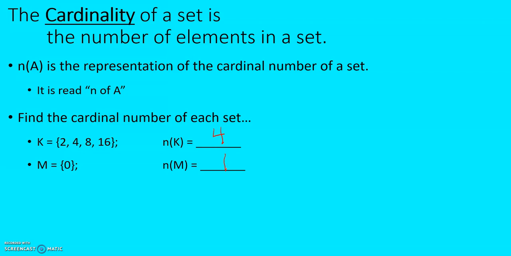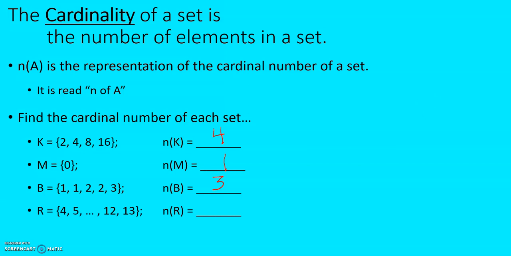There's 1 element in the set M. B equals the set {1, 1, 2, 2, 3}. There are 5 elements listed in that set. However, there are 3 different elements in the set. The cardinality of the set, n(B), equals 3.